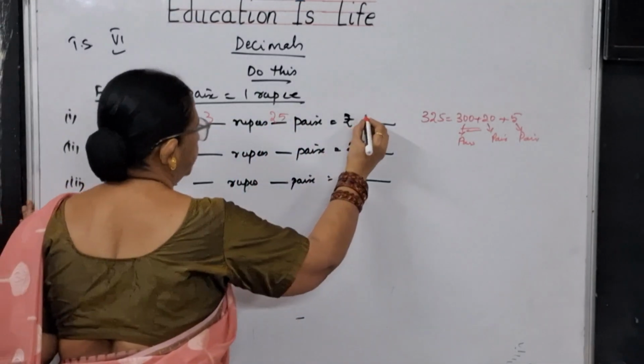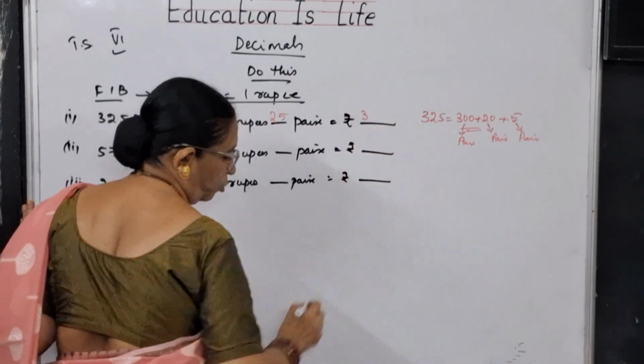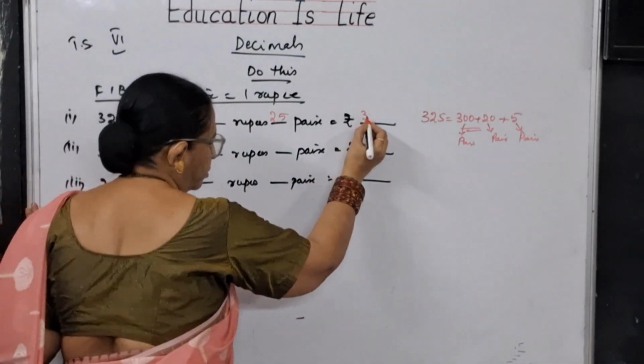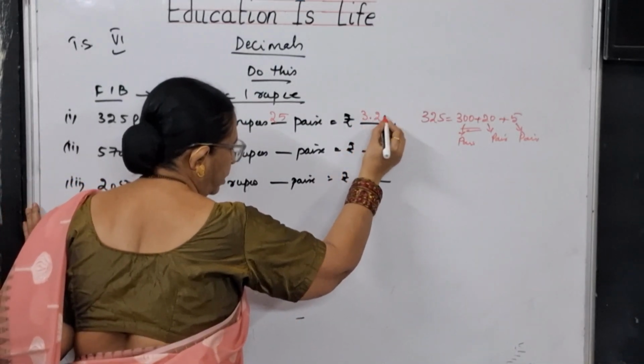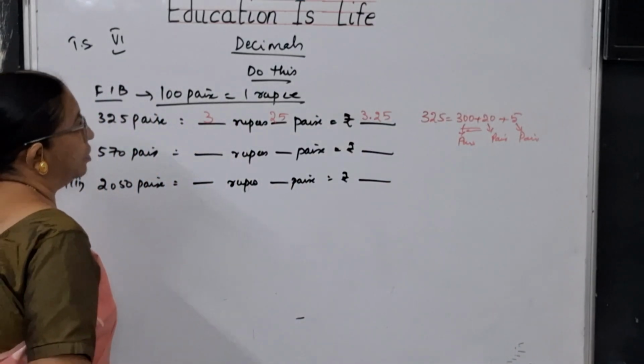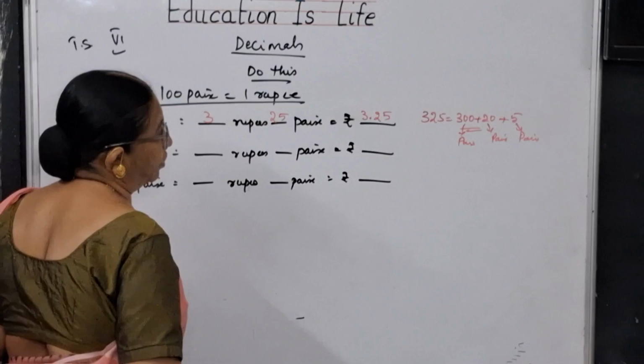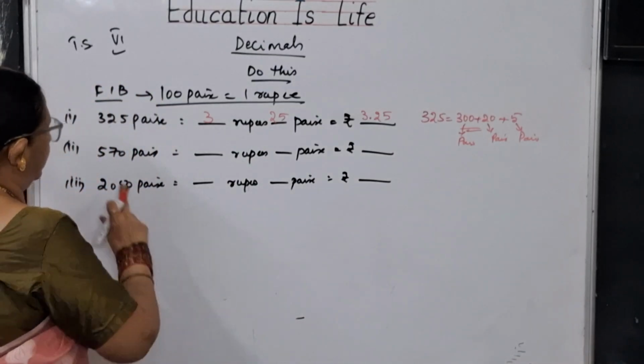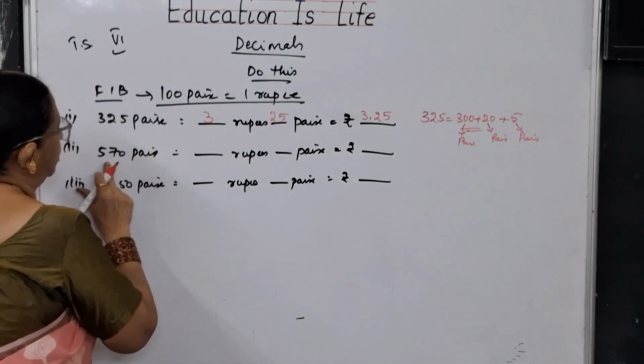So 3 rupees 25 paise. Keep a decimal and write 25. Then you will be writing 3.25 rupees.